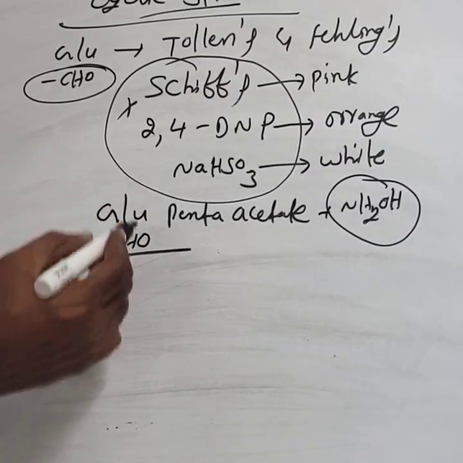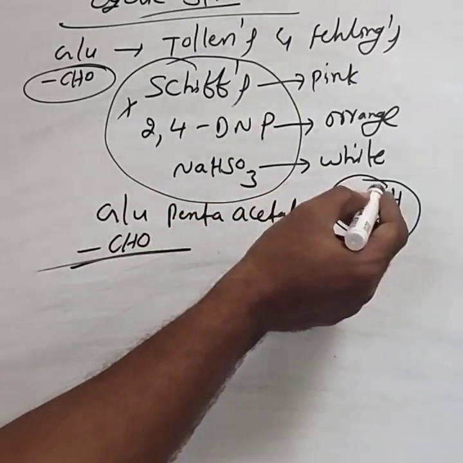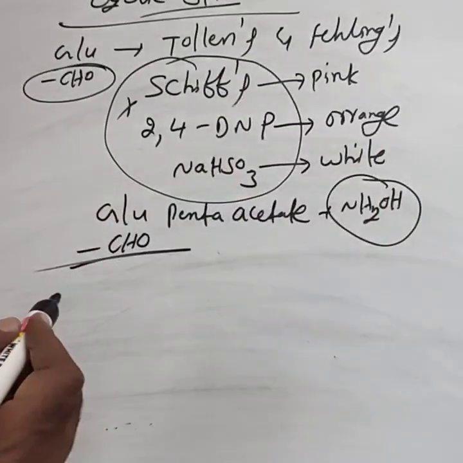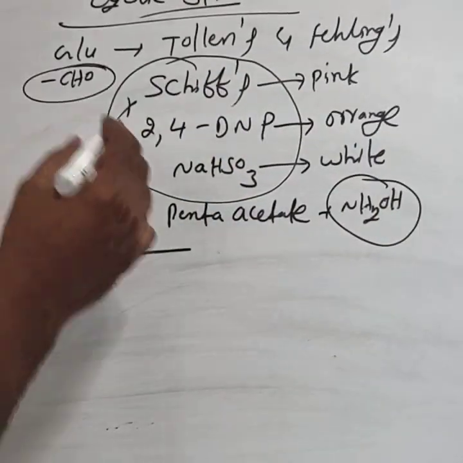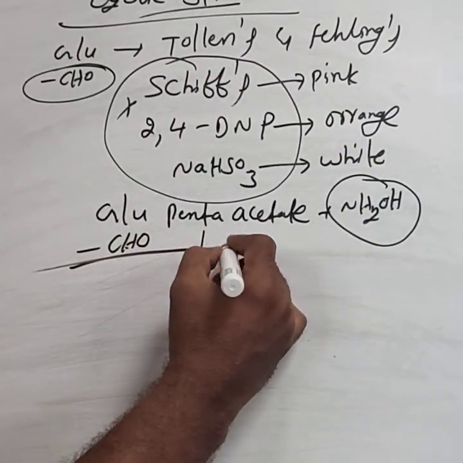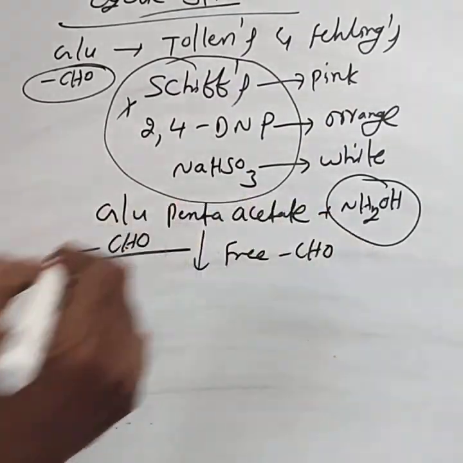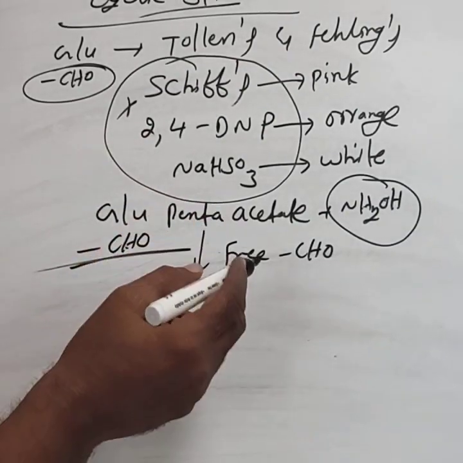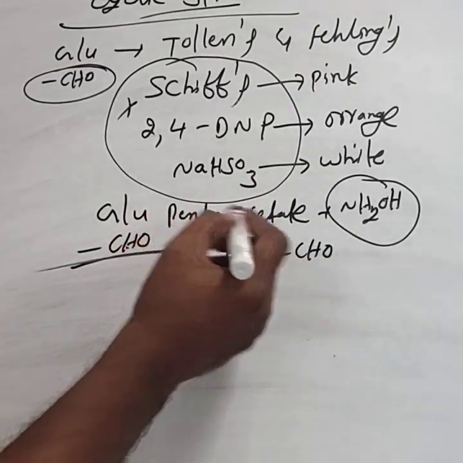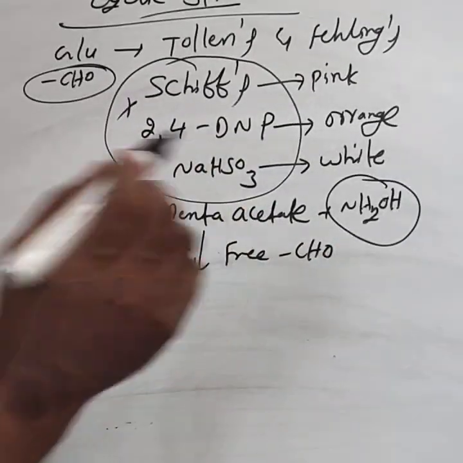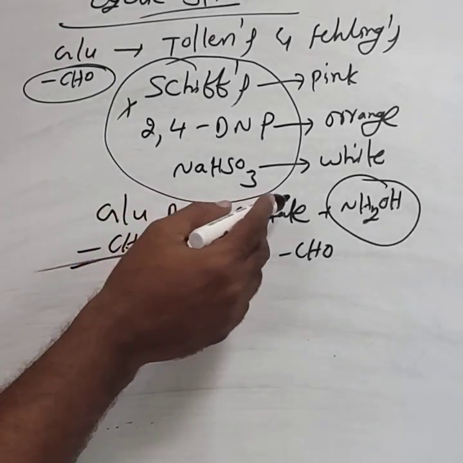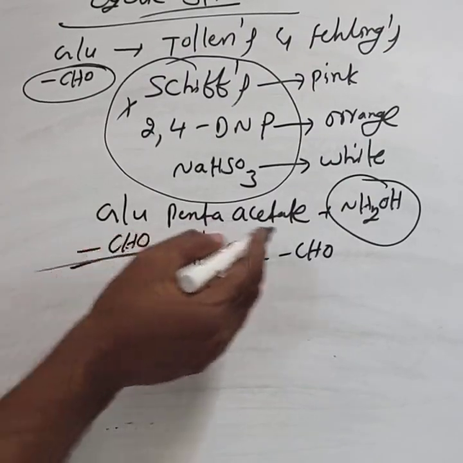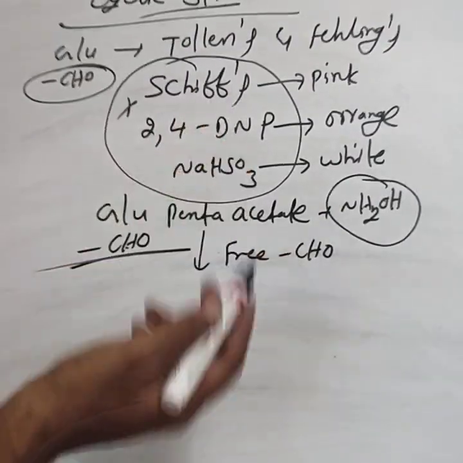Even though the CHO group is present, glucose pentaacetate does not give the test for hydroxylamine, NH2OH. Why this happens: glucose does not contain a free aldehydic group. The aldehydic group in glucose does not react easily; it is not freely available.